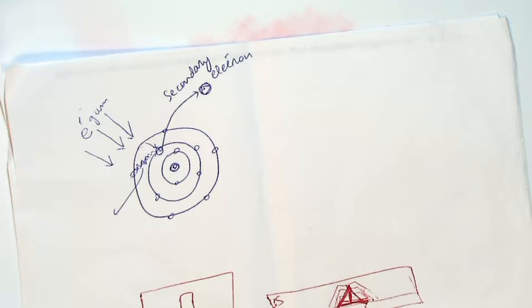When electrons jump from a high energy level to a low energy level, they release energy in the form of a photon, or light. What frequency of photon they release depends on which energy level to which energy level they are jumping.